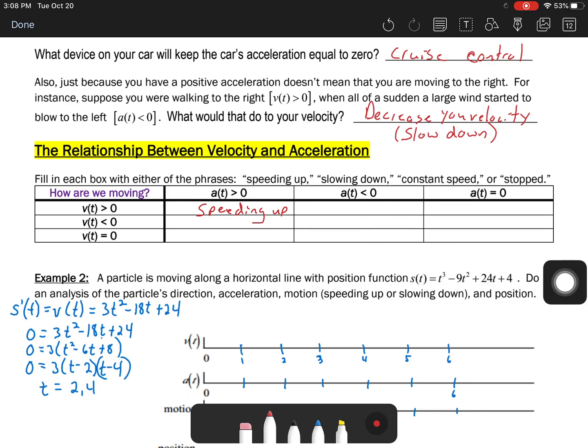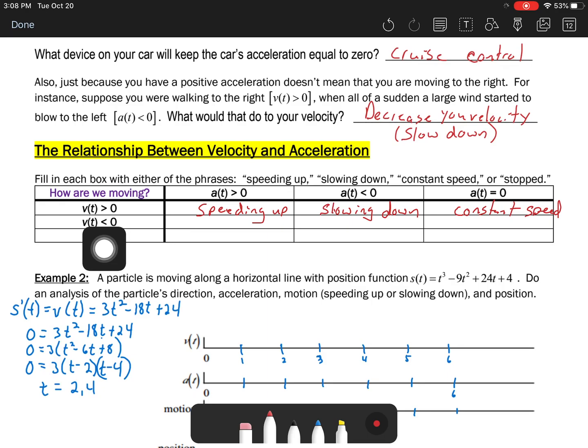When they work in opposition to each other, it's going to slow you down. So that's slowing down. And if your velocity is positive and your acceleration is 0, you're going to be going at a constant speed.